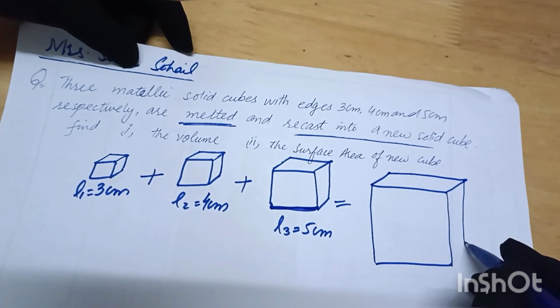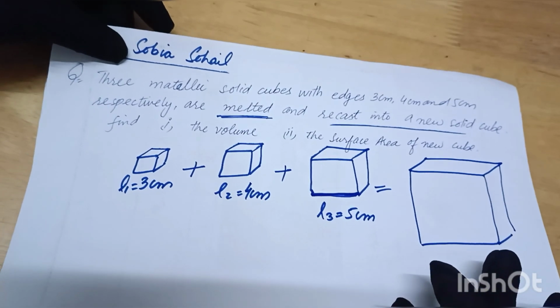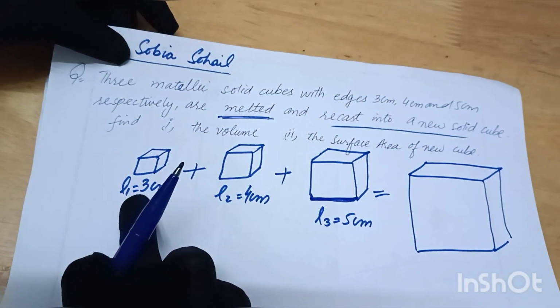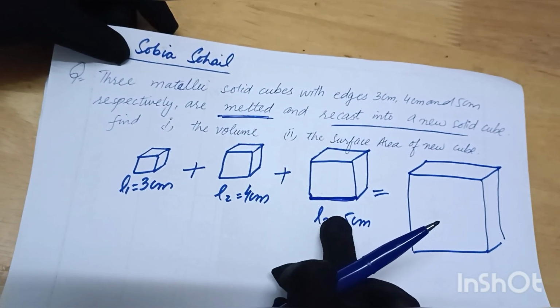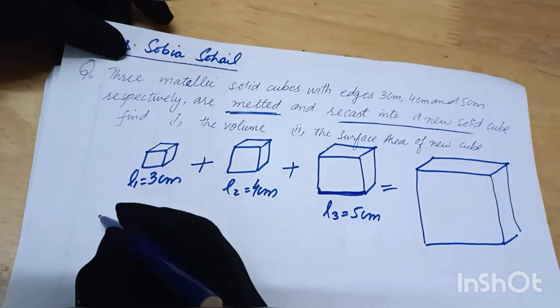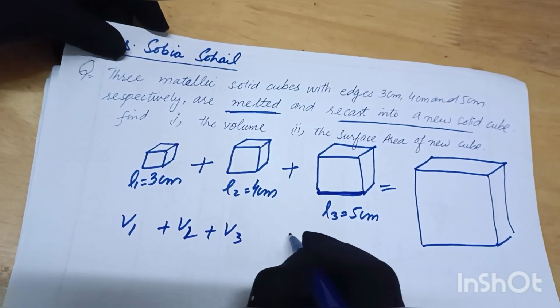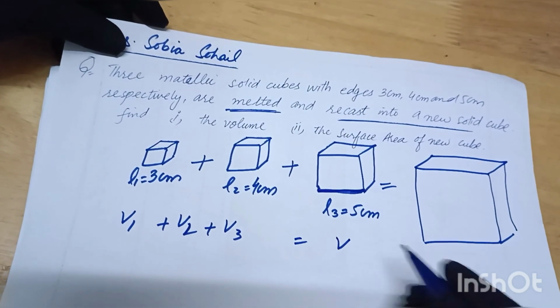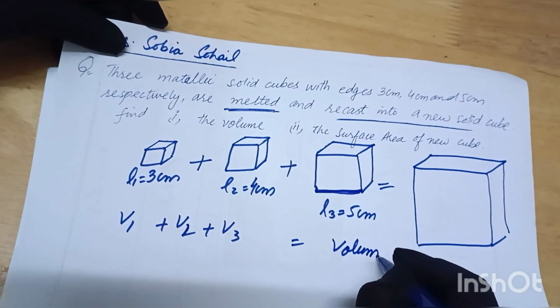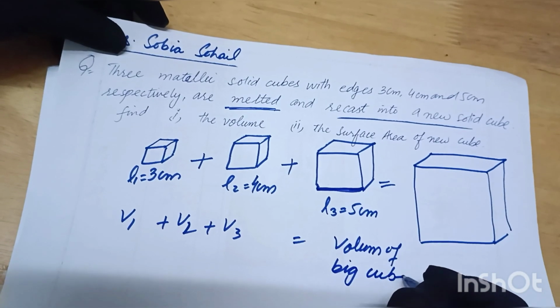So simply from the figures it's very clear from this diagram that volume 1, volume 2, volume 3 will be equal to this one big volume. So we can write: volume 1 plus volume 2 plus volume 3 equals the volume of the big cube.